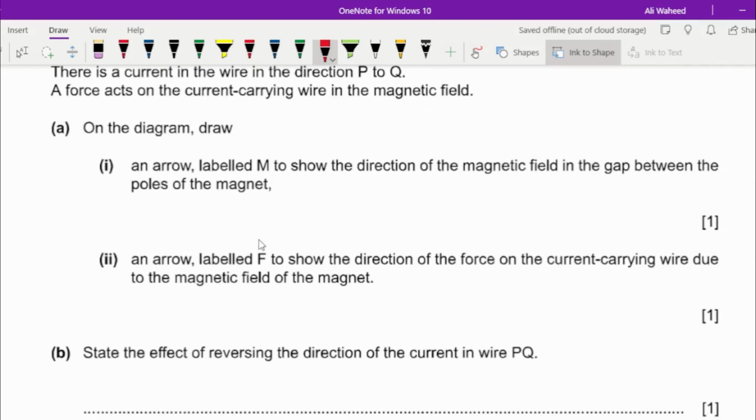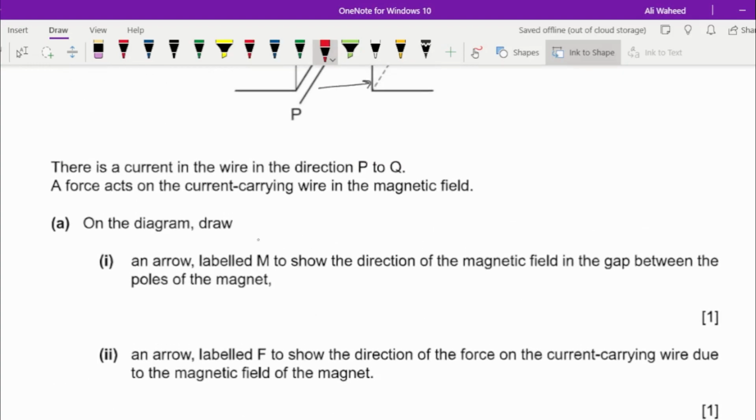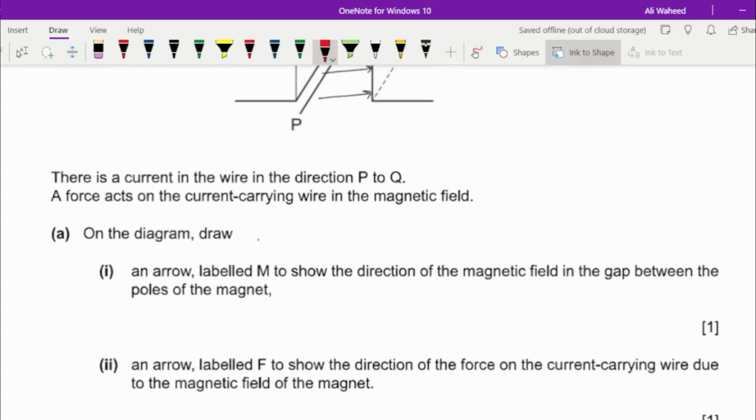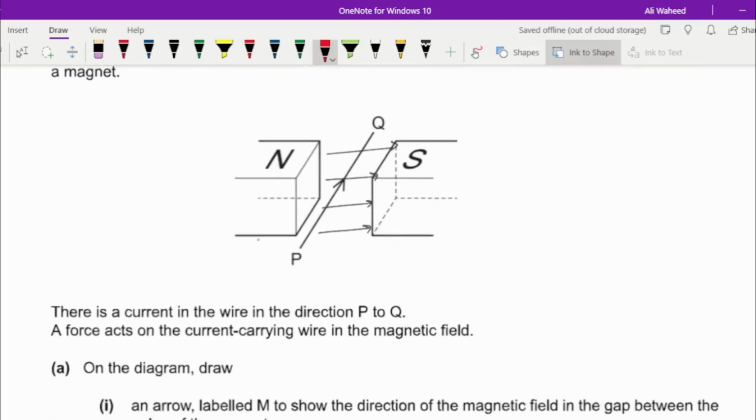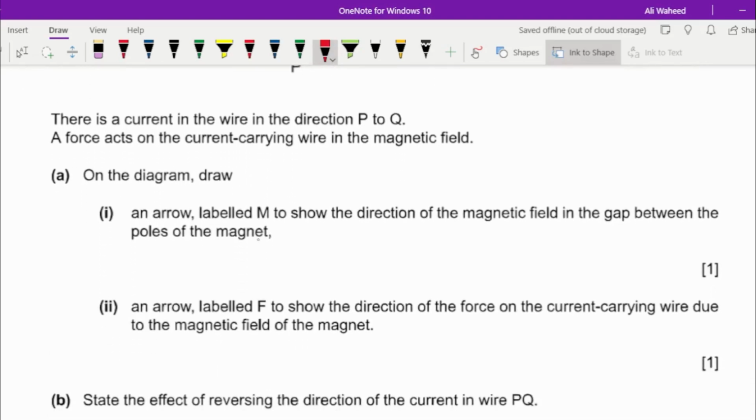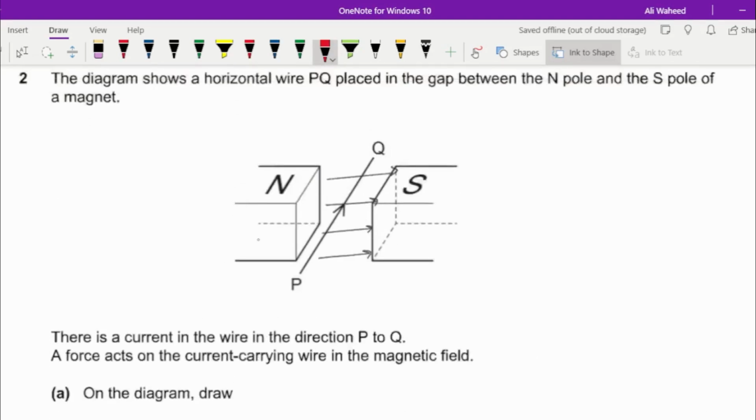The next part: an arrow labeled F to show the direction of the force on the current carrying wire due to the magnetic field of the magnet. So you need to find the direction of the force on the wire due to the magnetic field of the magnet.